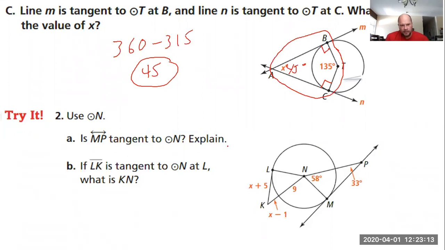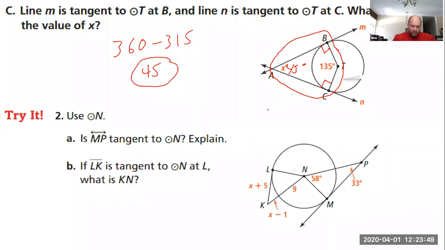All right, on the try it for number 2 there, it says circle N, is MP tangent to circle N? Explain. Well, if you look at MP, it has one angle given to us at P, one angle given to us at N. So in order for it to be a tangent, that last angle would have to be 90 degrees. Well, in a triangle, all the angles have to add up to 180.